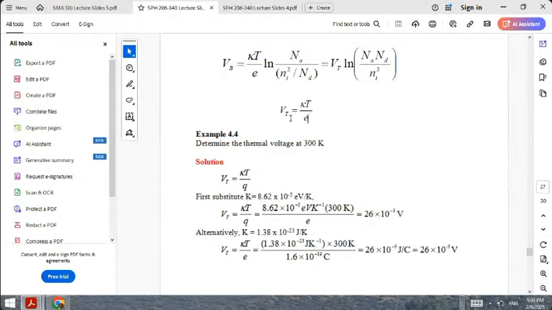And also defines what we call thermal voltage. So the objective of going through this section dealing with diffusion current is to be able to determine thermal voltage and built-in potential in the depletion layer.